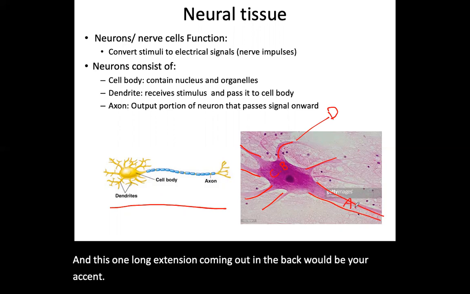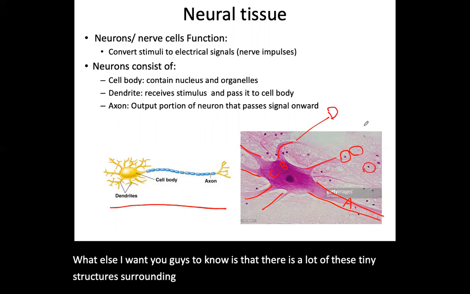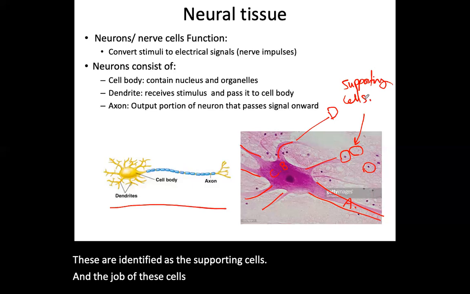What else I want you guys to know is that there are a lot of these tiny structures surrounding these neurons. These are identified as the supporting cells. The job of these cells is basically to support the neuron in terms of functionality and survival.